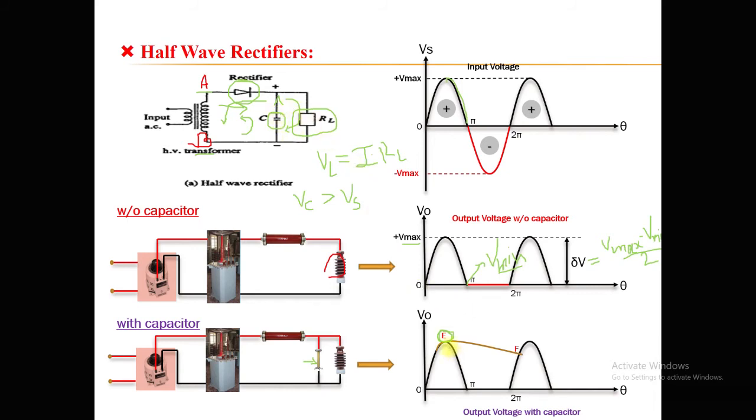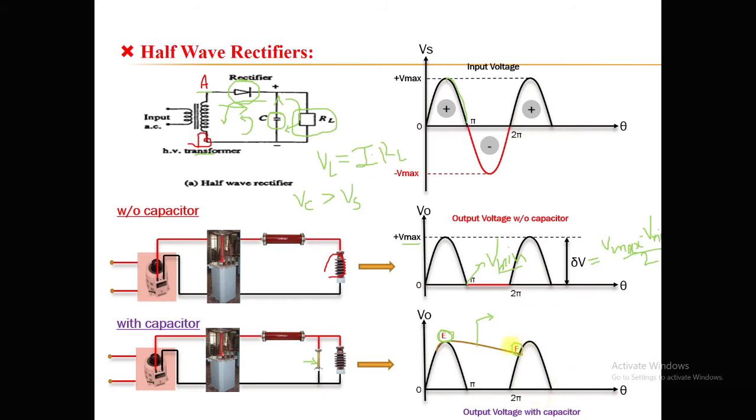So here you can see that from point E to point F, there is a discharging phenomenon of the capacitor. This represents that the capacitor is now driving the load circuit. Whatever energy has been stored by the capacitor is now released, and that phenomenon is known as discharging of the capacitor.